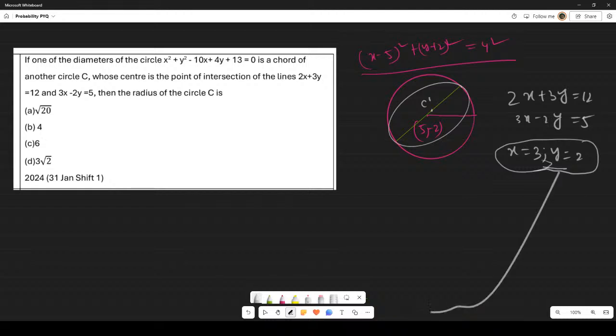This circle has center 3, 2. This one has center 5, minus 2. Okay? What will be the radius of that circle? Four. No, it is not 4.